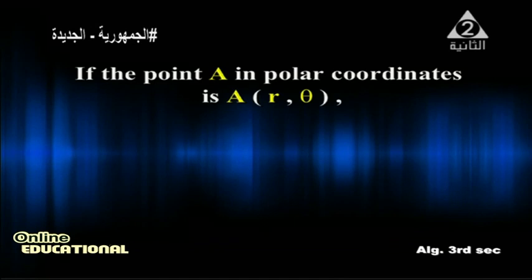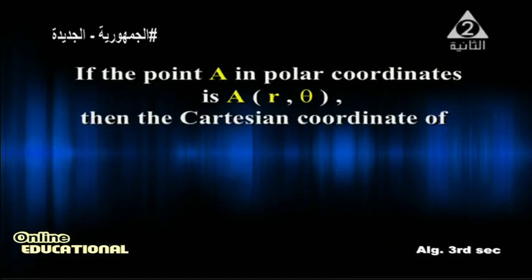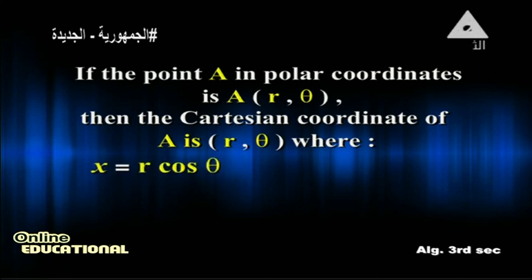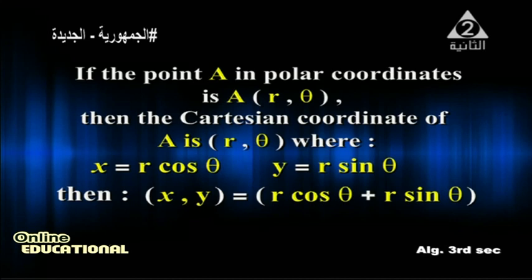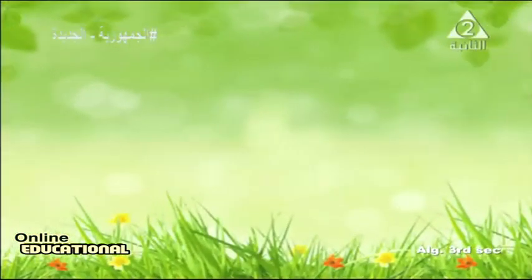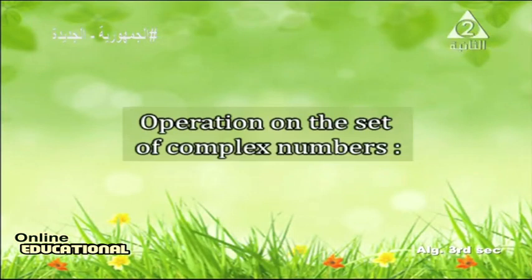If the point in polar coordinates is A (r, theta), then the Cartesian coordinates of point A are where x equals r cosine theta, y equals r sin theta, then x plus yi represents r cosine theta plus i r sin theta. We take r as a common factor: r (cosine theta plus i sin theta).